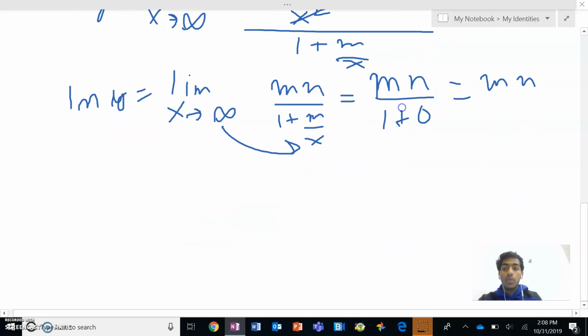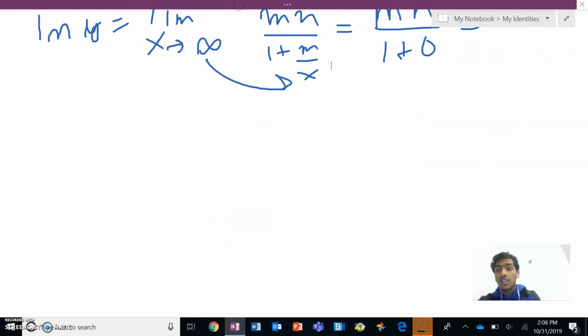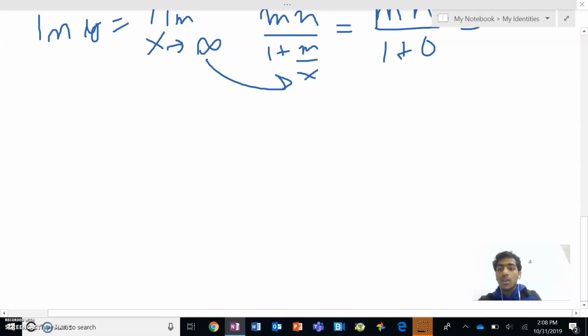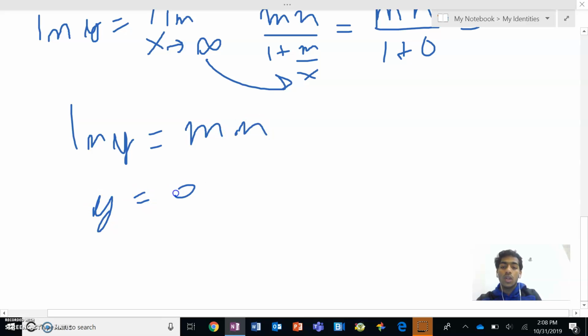The natural log of y would be equal to mn, and so to cancel off the natural log, I am supposed to be taking the exponential function. The natural log of y equals mn, as I proved in the previous step. Now y would be equal to e raised to m times n.